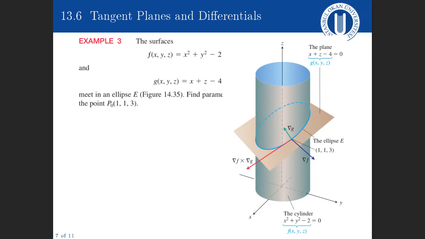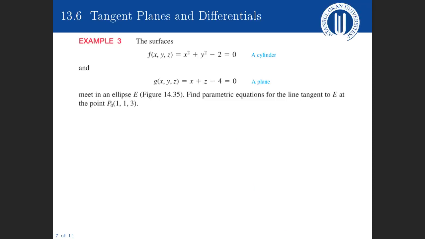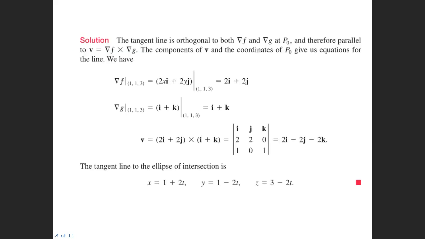Now, you can see here that our line is going to be parallel to the vector nabla f cross nabla g. Why?